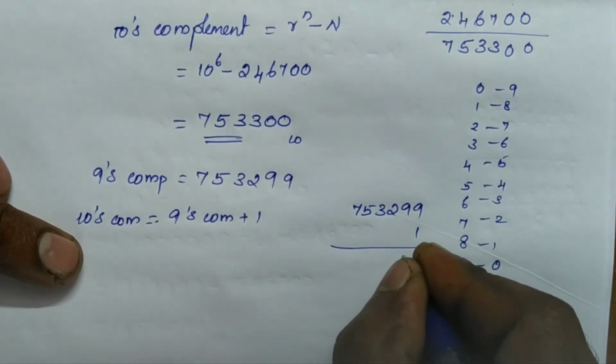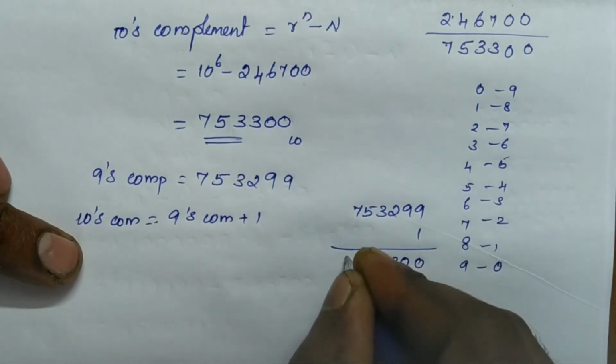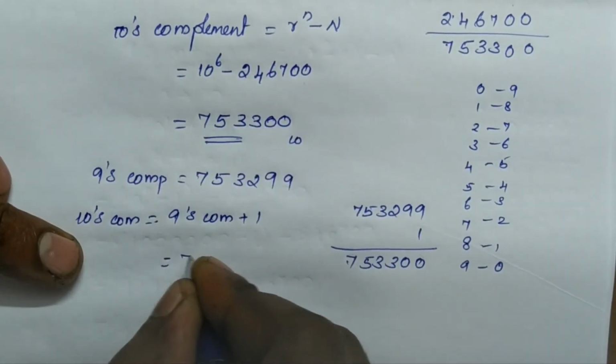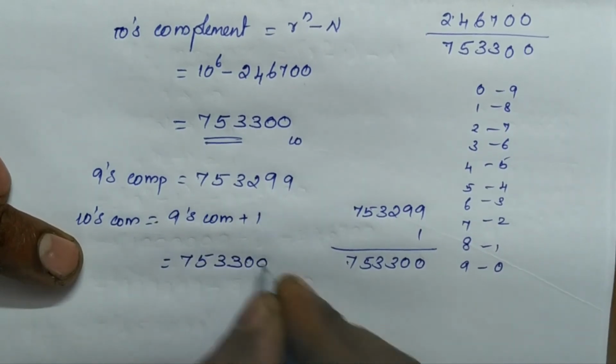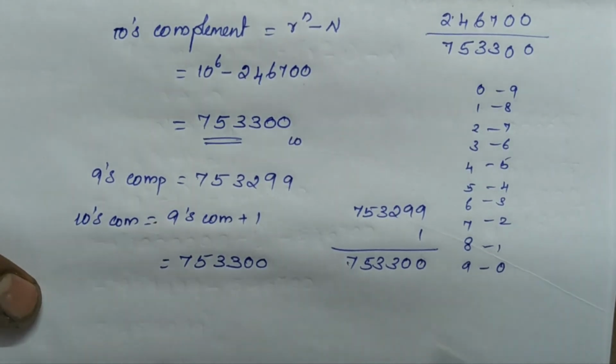Again 10, therefore 0. Here 3, 3, 5, 7. Therefore we are getting the same answer as the previous one. Okay, therefore this 10's complement can be found by the formula or from the 9's complement method.